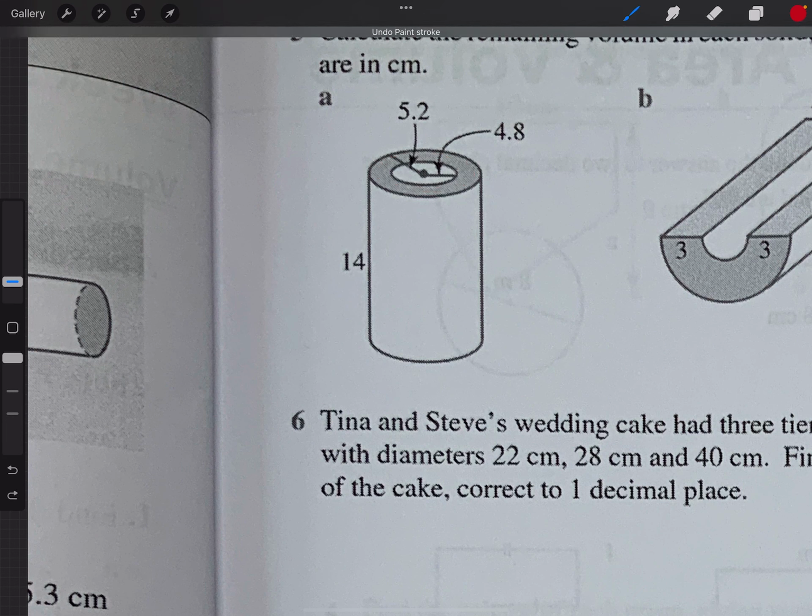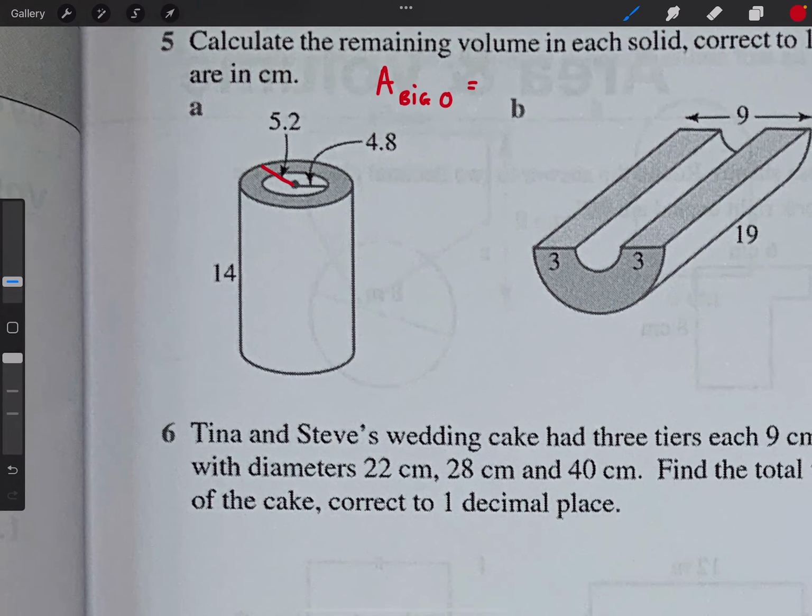So let's find the area of that shaded region. Basically it's just the area of the big circle minus the area of the small circle. The big circle has a radius of 5.2 centimeters, so its area is pi r squared, where r is 5.2 squared.